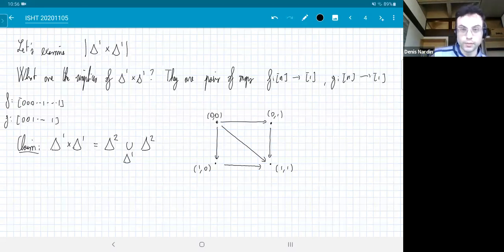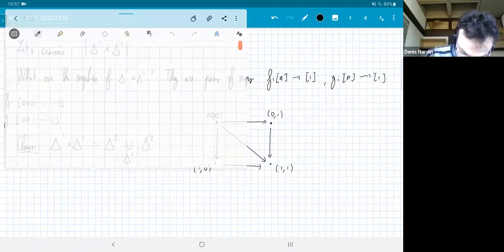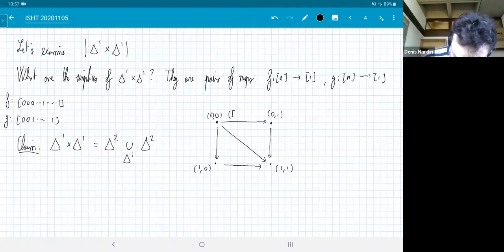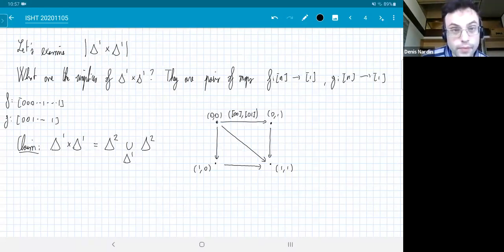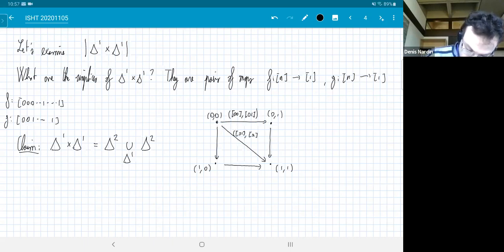But there are also 2-simplices. So for example, this is 0, 0, comma 0, 1. This one-simplex here is 0, 1, comma 0, 1. This is 0, 1, comma 1, 1, etc.